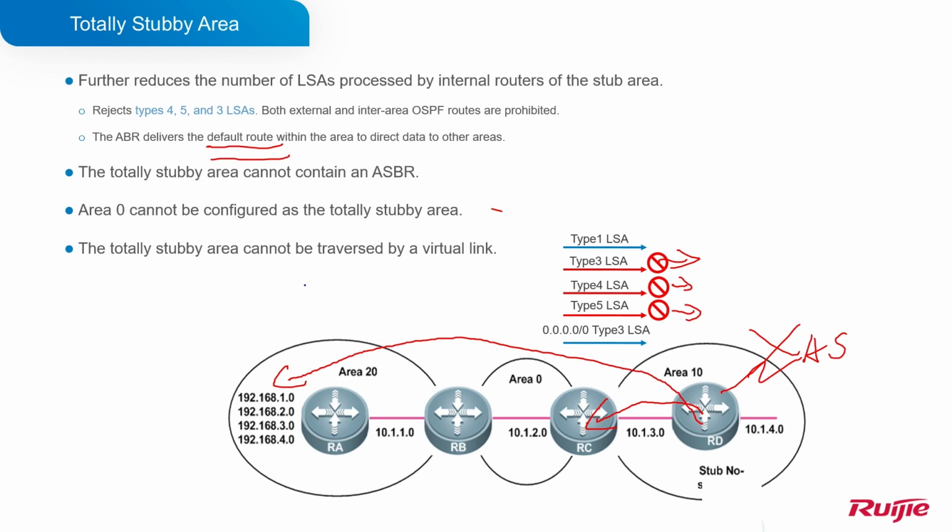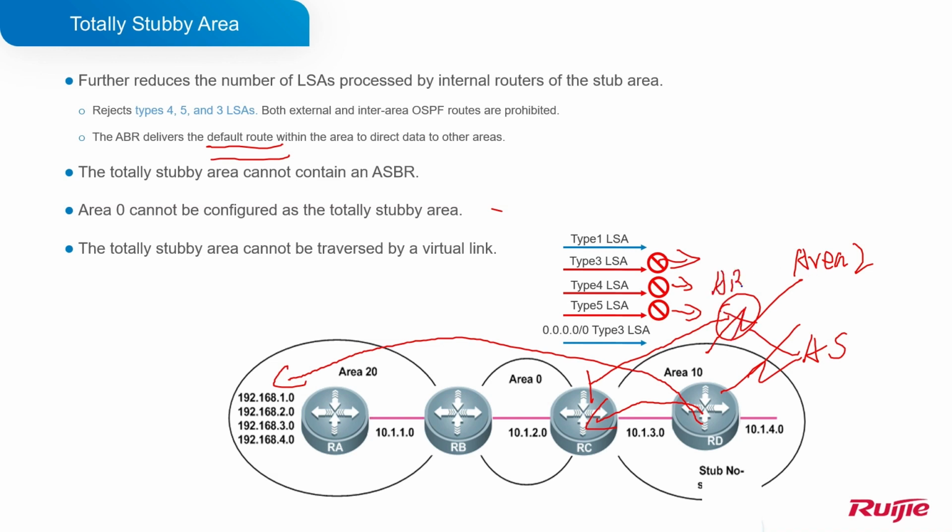Okay, and next, the totally stub area cannot be traversed by a virtual link. So here, if area 10 connects with another area, such as area 2, for area 2 to communicate with area 0 and with area 20, we have to set up a virtual link, right? Then we have to enable the virtual link on the RC device and on another ABR device belonging to area 10 and area 2.